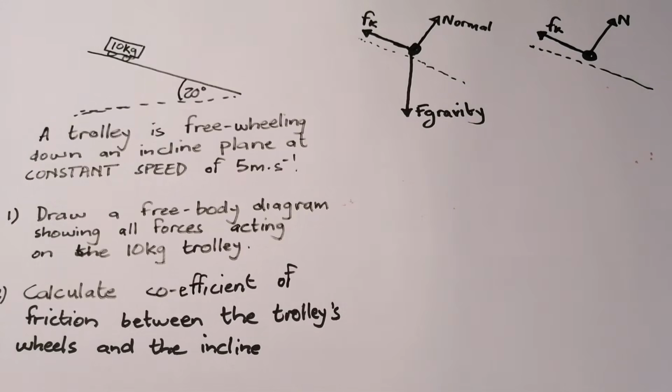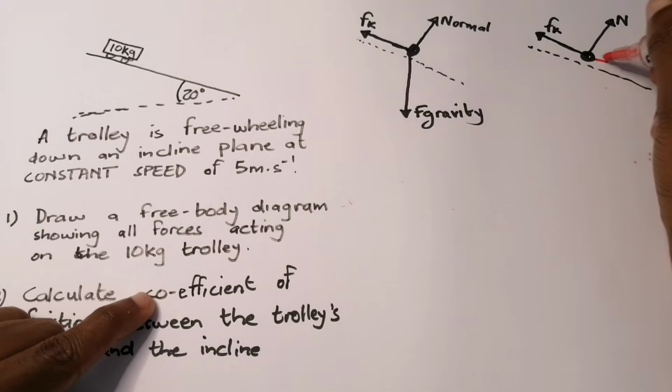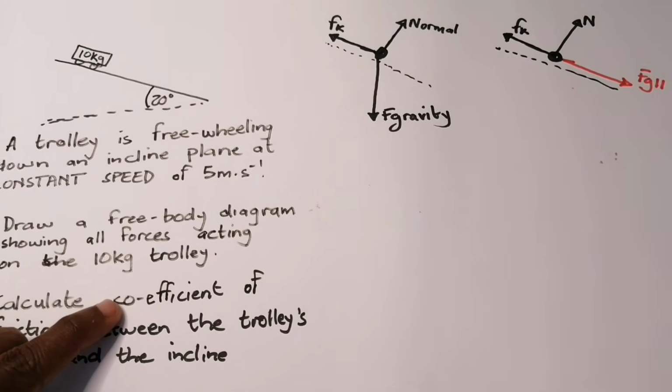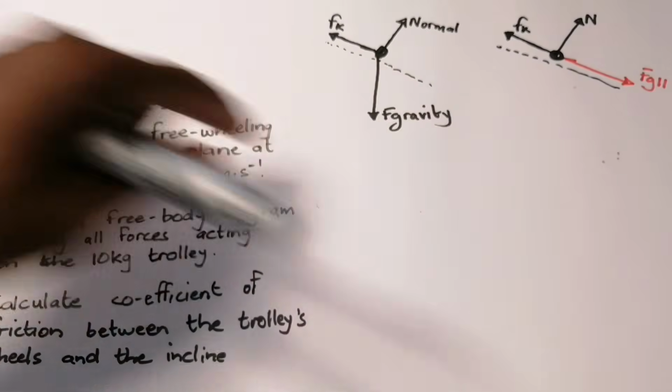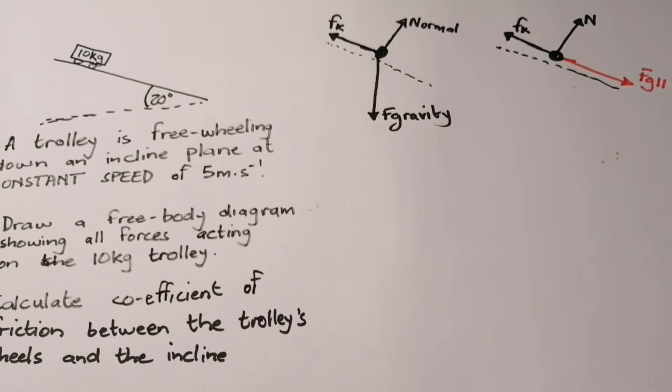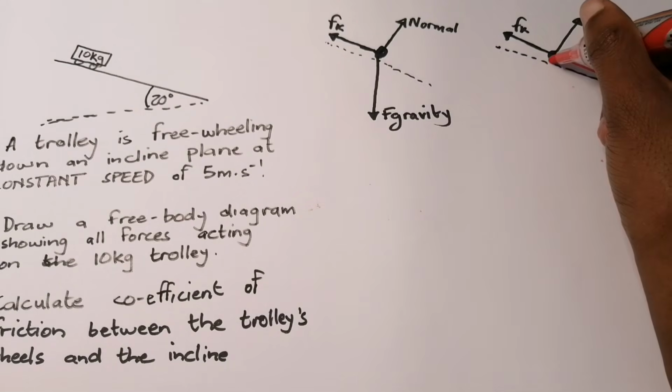You are right. We are going to break that down into components, isn't it? So that's going to be force of gravity parallel. Remember, the parallel component of gravity is always acting down the incline, isn't it? So in this case, it's acting in that direction.